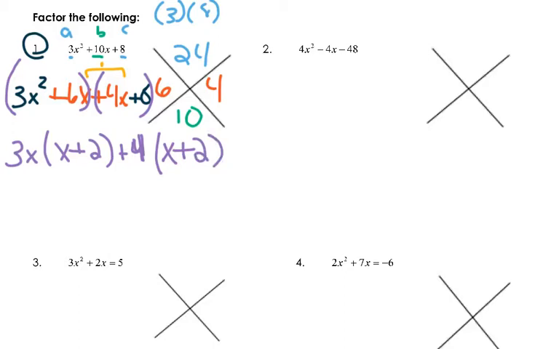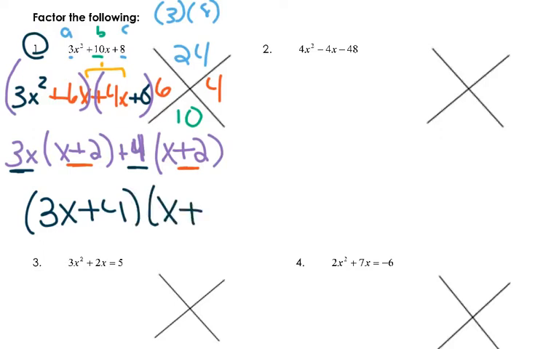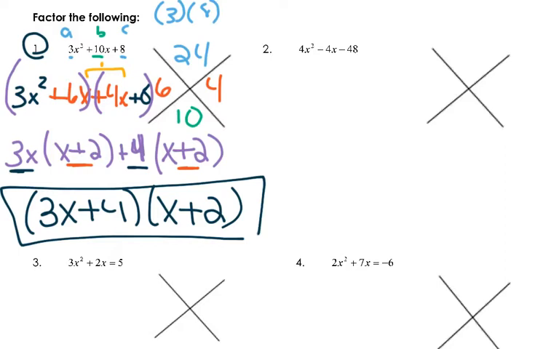And if you notice, my two parentheses of binomials are the same. So with the properties of addition, multiplication, I could combine 3x plus 4 times x plus 2. Okay, now that becomes my final answer.